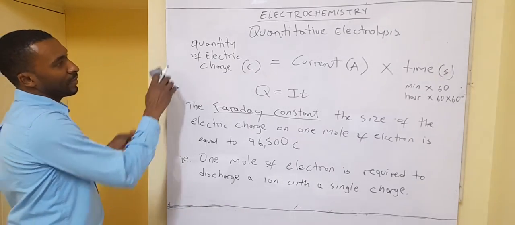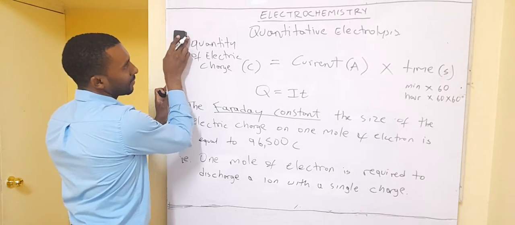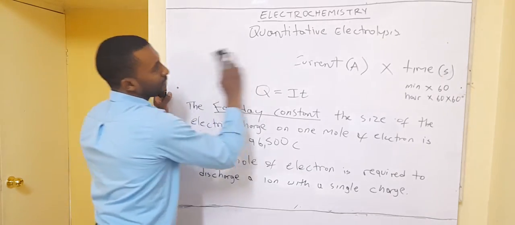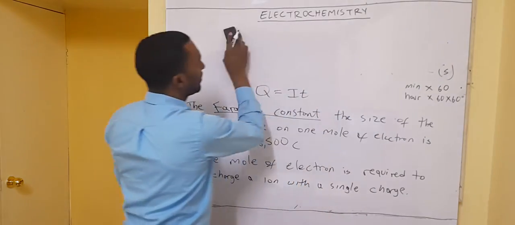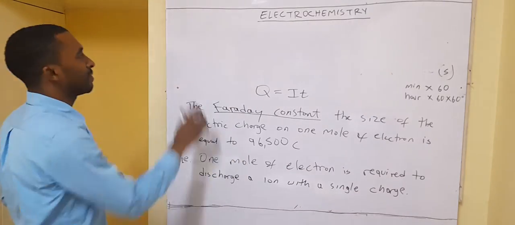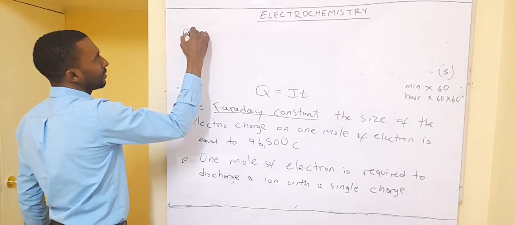And if we are doing gases, for the volume we have to know whether the volume is at RTP or STP. Alright? So remember Avogadro's law.